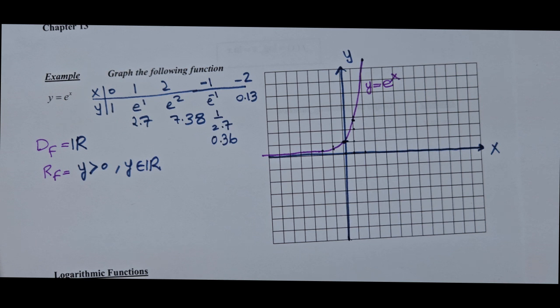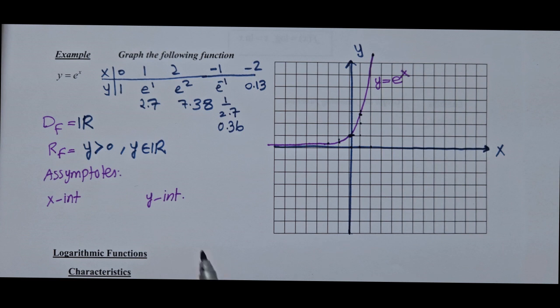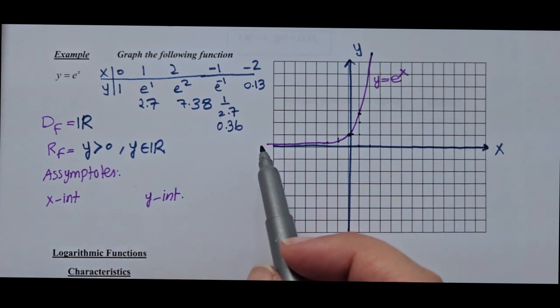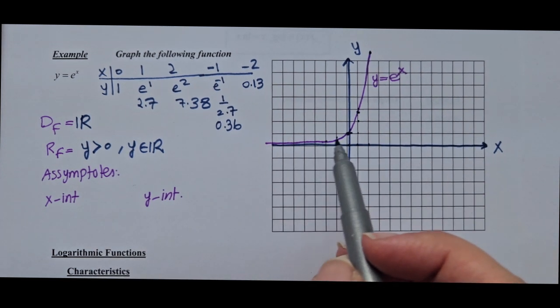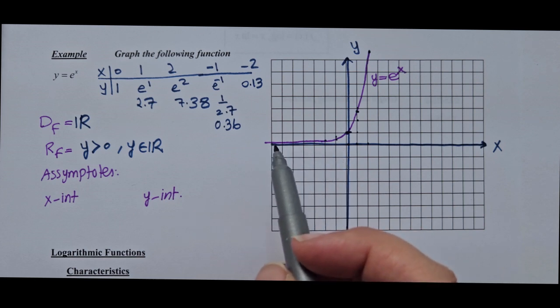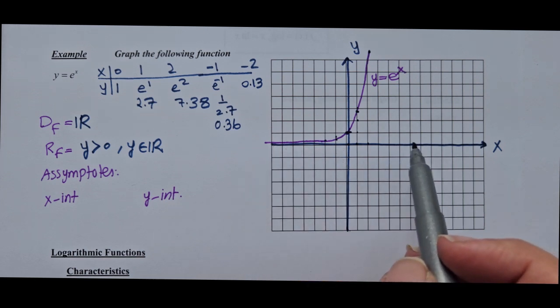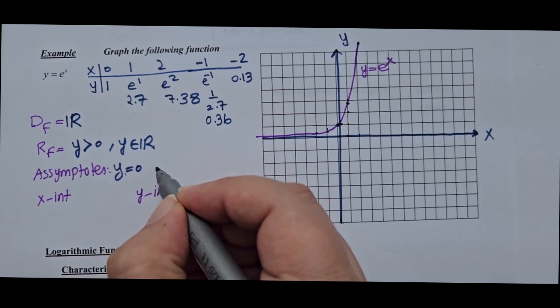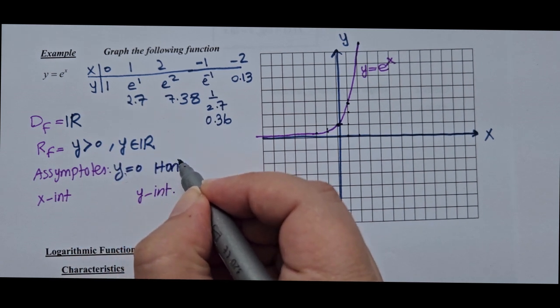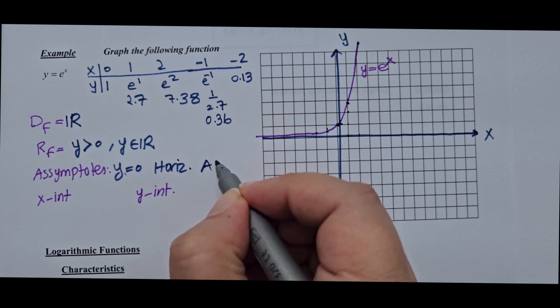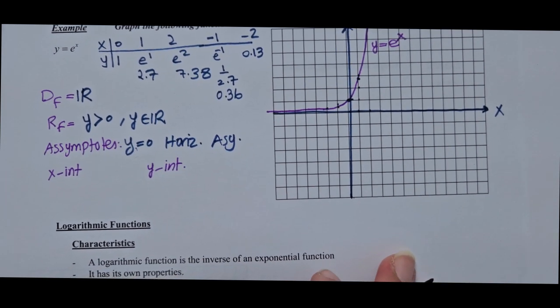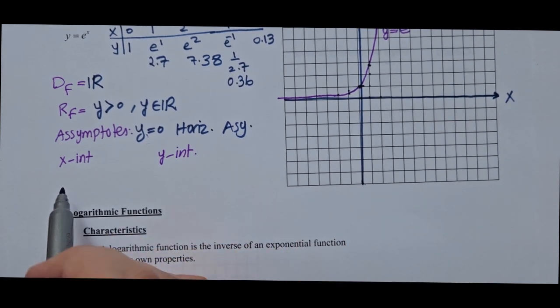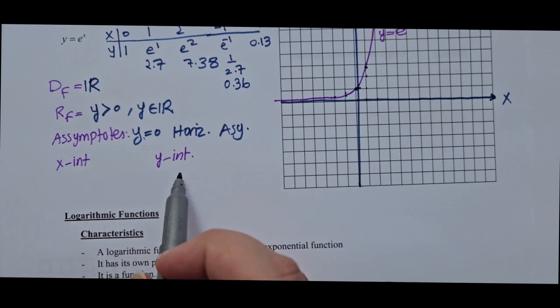How about asymptotes? If you take a look here, we have a horizontal asymptote. It gets so close to the x-axis, but it never touches it. So y equals 0 is the horizontal asymptote. The next two parameters we always have to define are the x-intercept and the y-intercept.